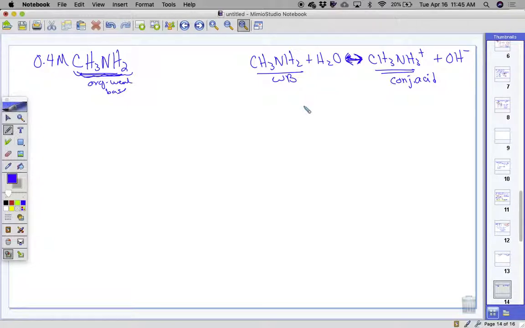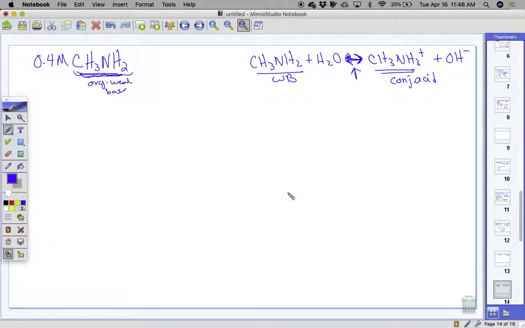It's double arrow equilibrium if it's a weak acid or a weak base. Does it matter what side it's on? No, it doesn't matter.